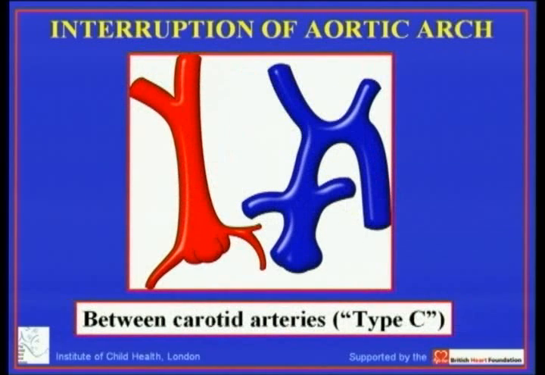And then the rarest type is so-called type C. For a long time it was doubted whether type C truly existed. I've never seen a case myself, but Dr. Ho has a case in the archive of the Royal Brompton. And in type C, the interruption is between the carotid arteries.